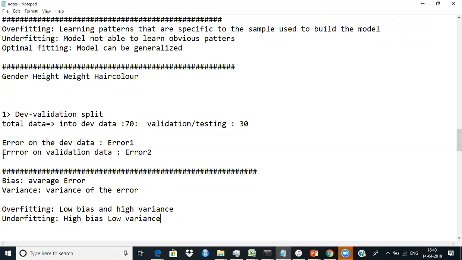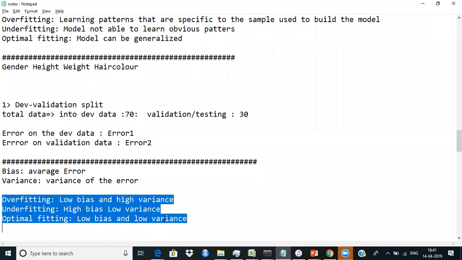Now, if your model is optimally fitting, error 1 will be low. Error 2 will be low. So a telltale sign of optimal fitting is low bias and low variance. Tell me whether you understand these 3 lines.